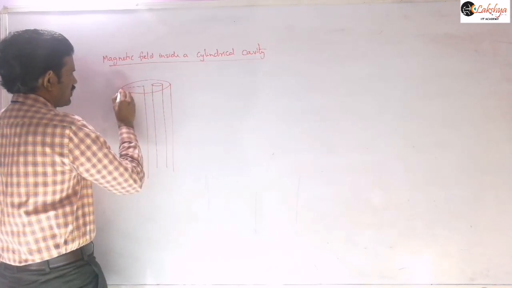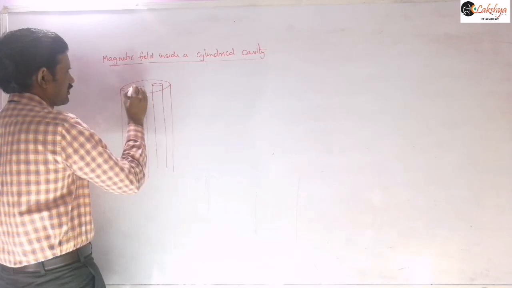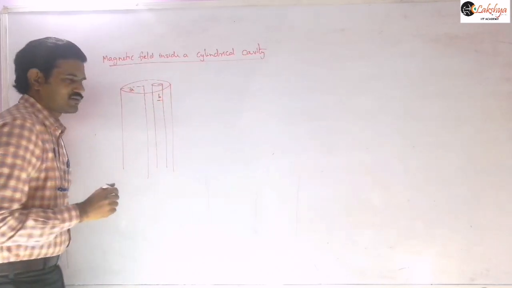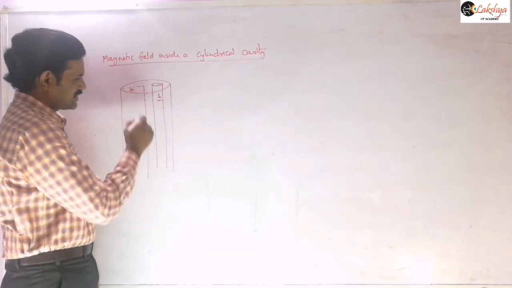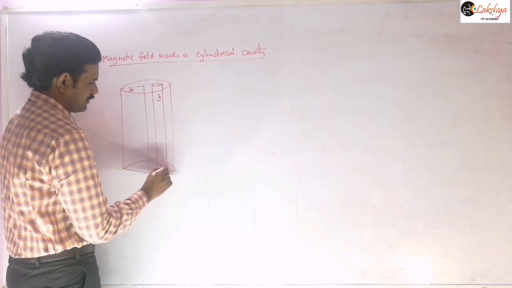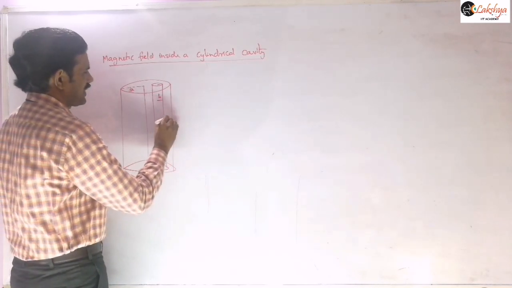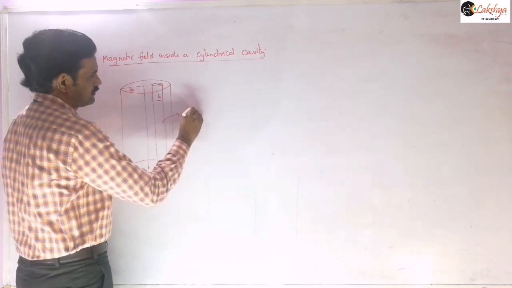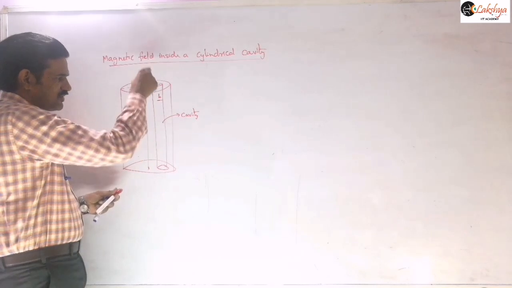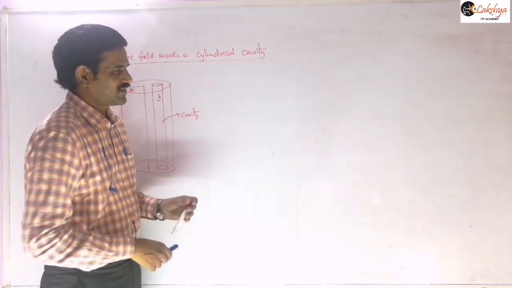You may consider the radius of the cylinder as some A, and the radius of the cavity I am taking as some B, right? This is the cavity here. Cavity means empty space will be there. That cavity is also in the form of a cylinder. That is what we are taking here.